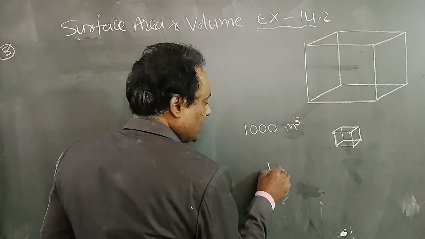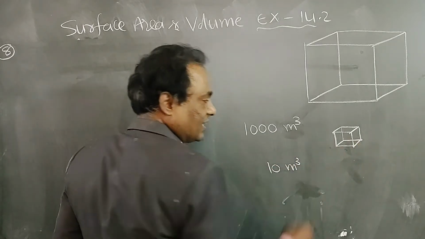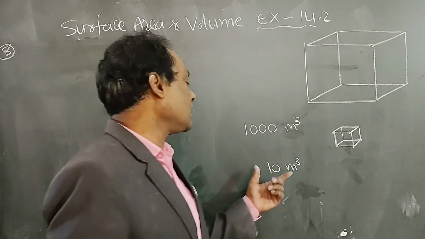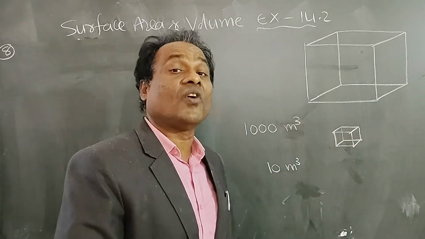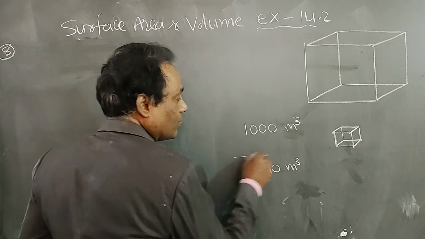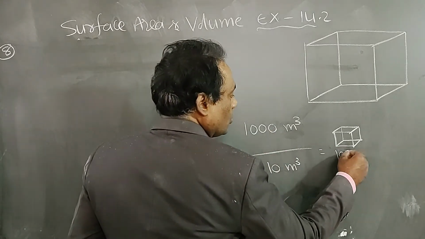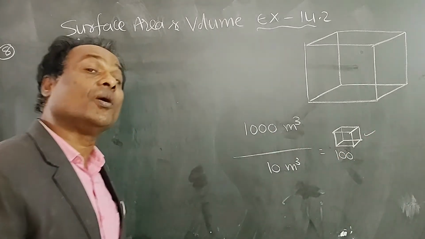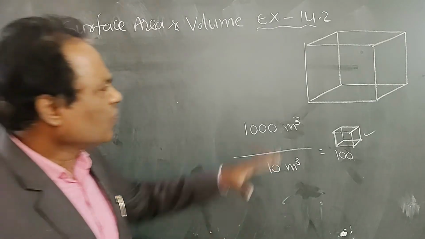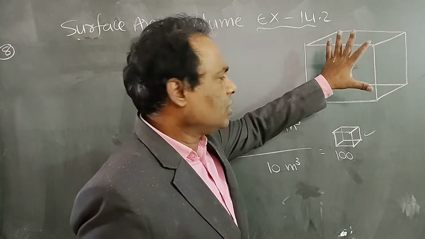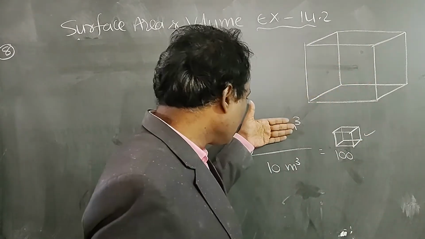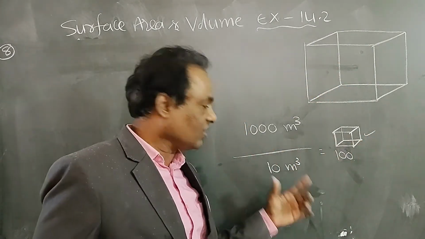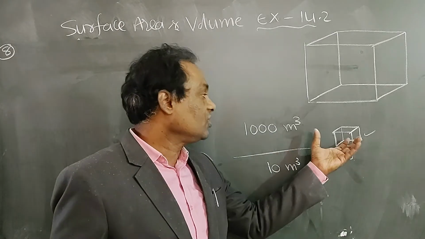Each cube requires 10 cubic meters material. How many cubes can we form? So total 1000 by 10, that is equal to 100 cubes we can form. How many cubes we can form means find the volume of this, divided by volume of this.